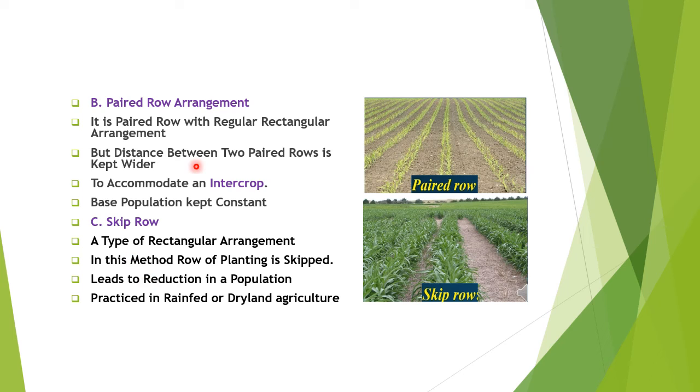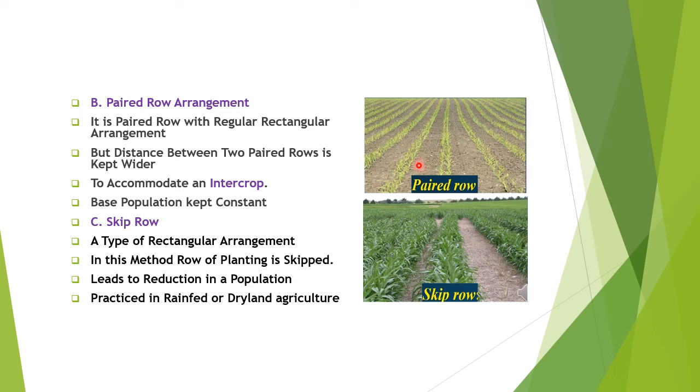Then in the same rectangular pattern, there is a paired row arrangement. Paired row arrangement is where there are two rows together. It is a paired row with regular rectangular arrangement. But the distance between two paired rows is kept wider. These are the two rows, two columns, and these are the pair here.